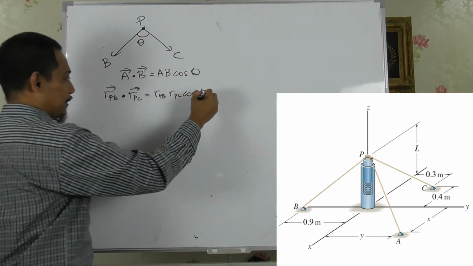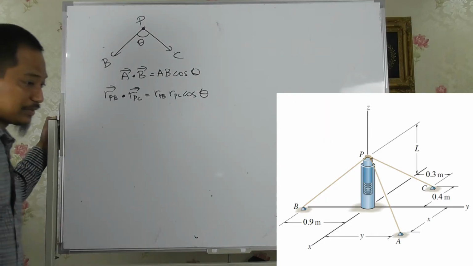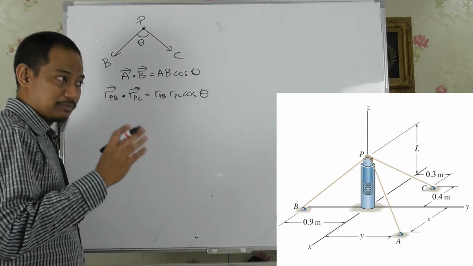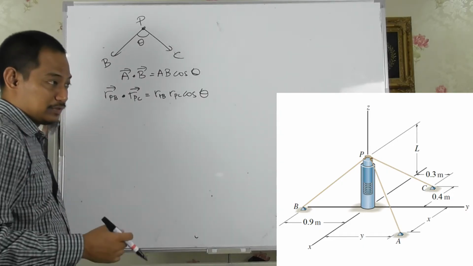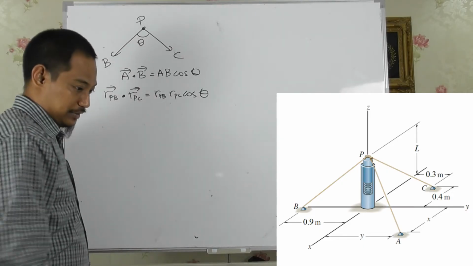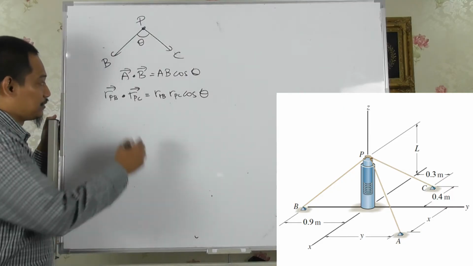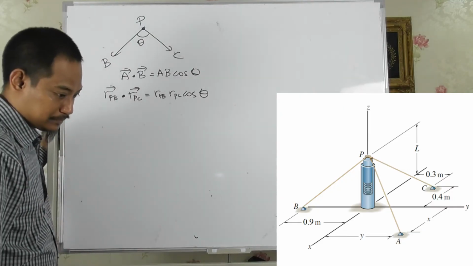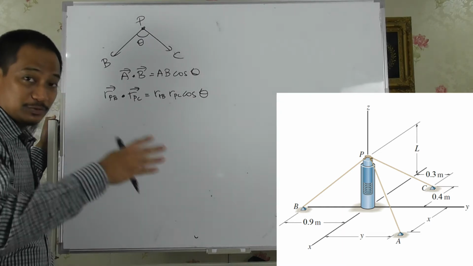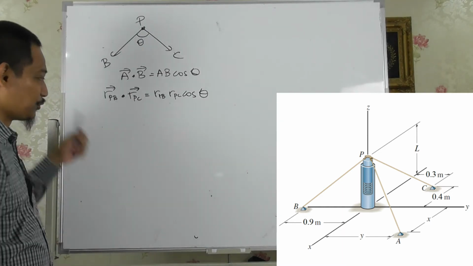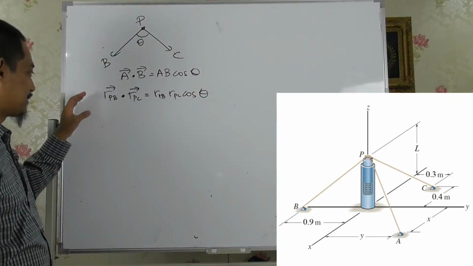Cos theta, right? Because we have already established from part A what RPB, RPC and the magnitude are, straight away plug in all those values. Because this is from chapter 2, I'm just showing the big steps.